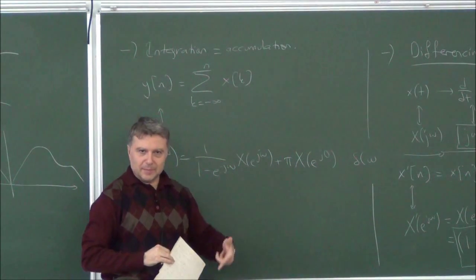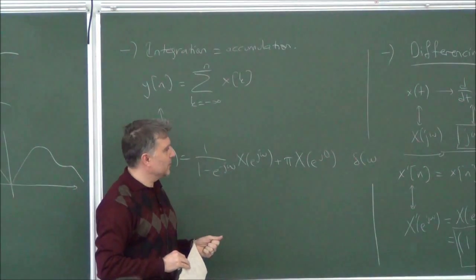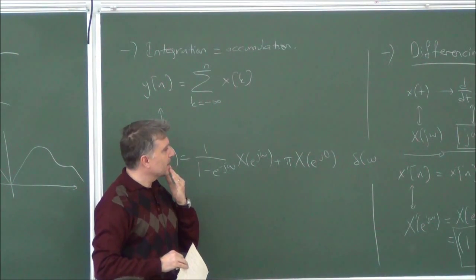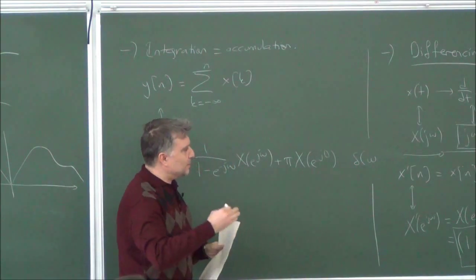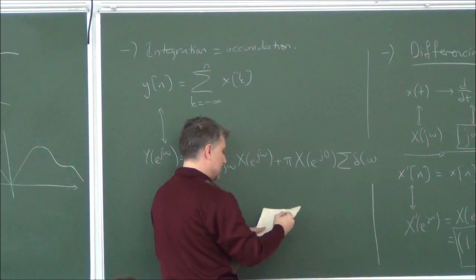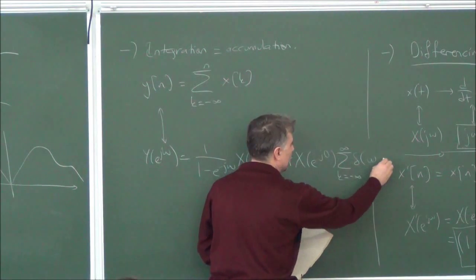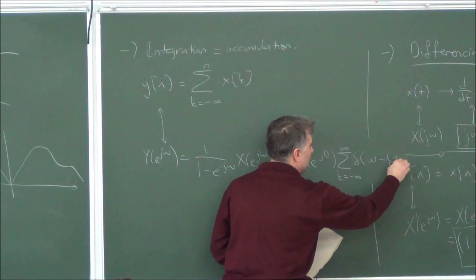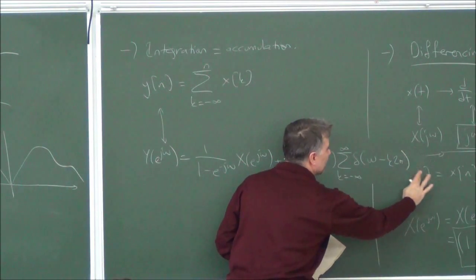So it's the DC impulse, which is the DC value that we lose by multiplying with a 0 at omega is equal to 0. But it must repeat itself, so the repetition is by a summation, as your friend has already suggested, k from minus infinity to infinity, omega minus k times 2 pi. So it's a little bit complicated, as you see.